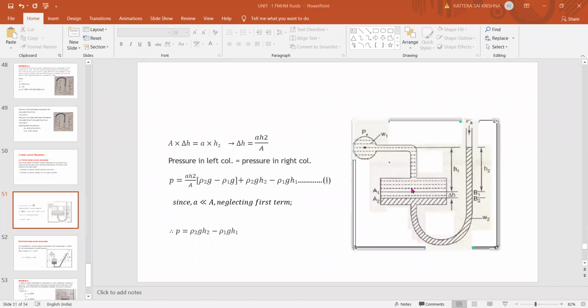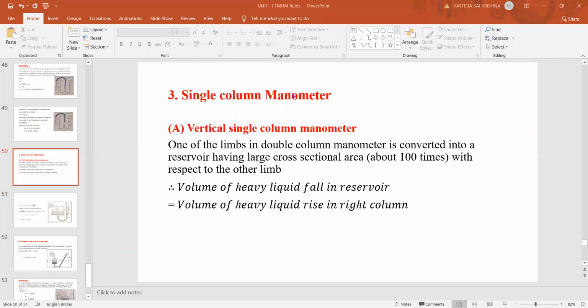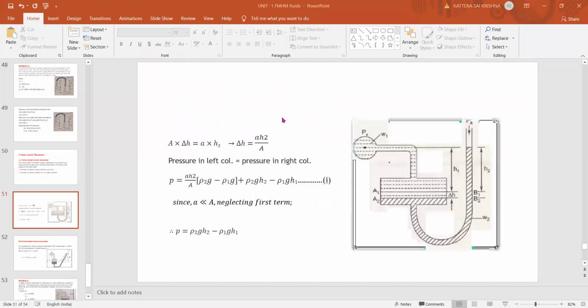A single column manometer is just a modified form of a U-tube manometer, not differential, in which a reservoir having a large cross sectional area, about 100 times the area of the tube, is connected to the limb of the U-tube.